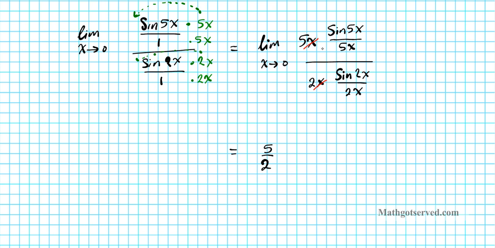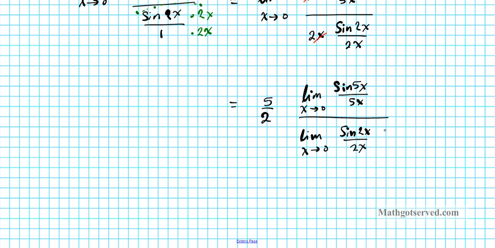Now we can divide this limit into the top and the bottom. So we have the limit as x approaches 0 of sine 5x over 5x over the limit as x approaches 0 of sine 2x over 2x. And then using the sandwich theorem, these are identical. We can call them whatever we want.